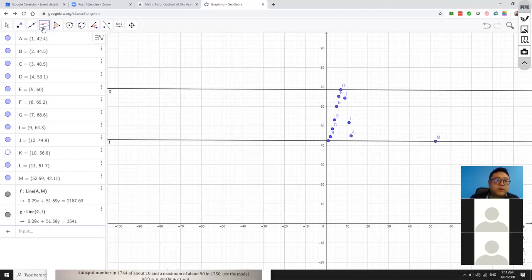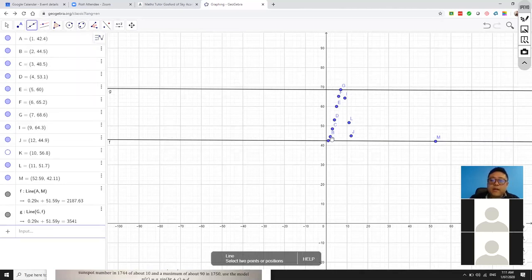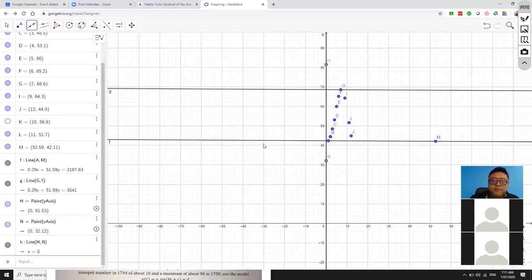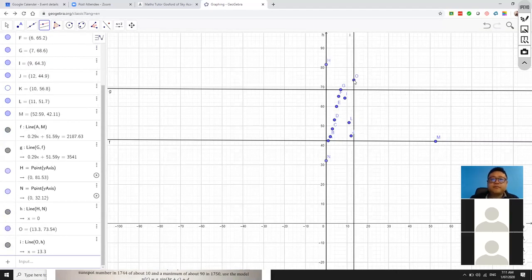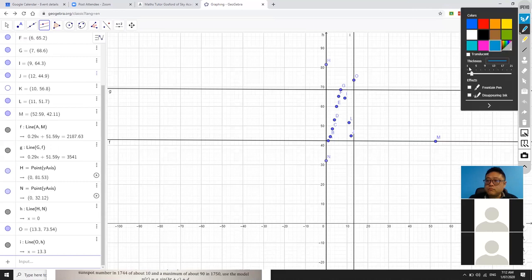I also want you to see that the curve has one wavelength from there to there, and from there to there.